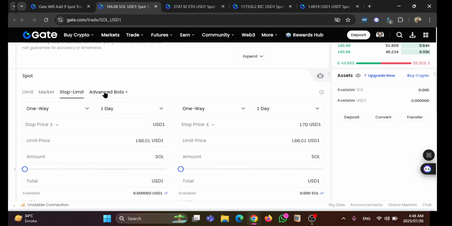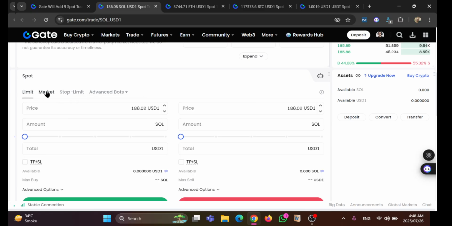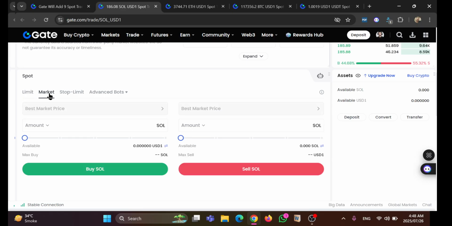Here are available bots, you can use these bots also to trade. Here is the limit. Set your limit, then you can do spot trading on the market, sell and buy at the best prices.